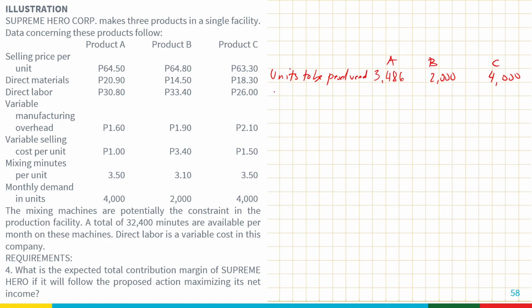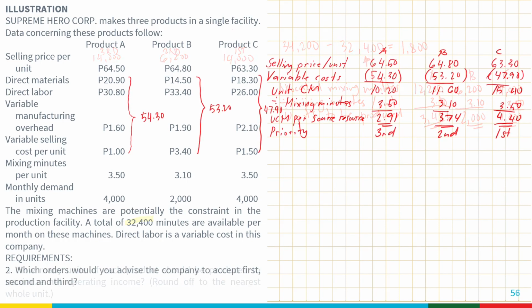And then next, we have the contribution margin per unit, no? CM per unit. And kunin natin yan dun sa computation kanina. 10.2, 11.6, and 15.4. Tama? 10.2, 11.6, 15.4.